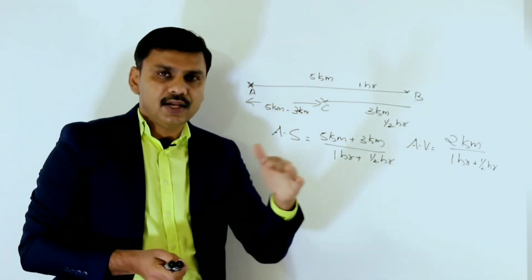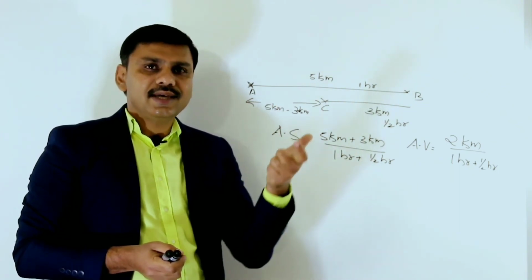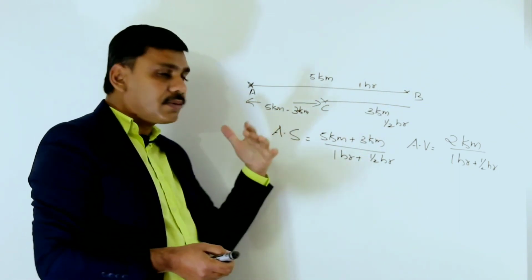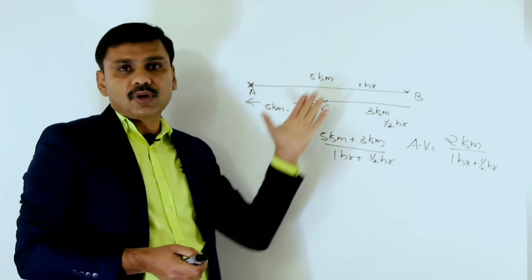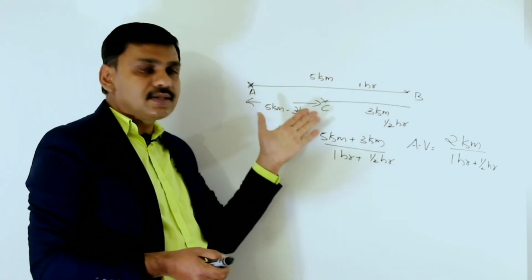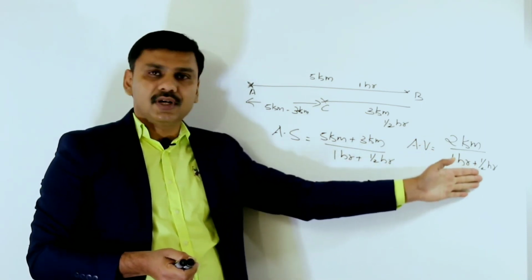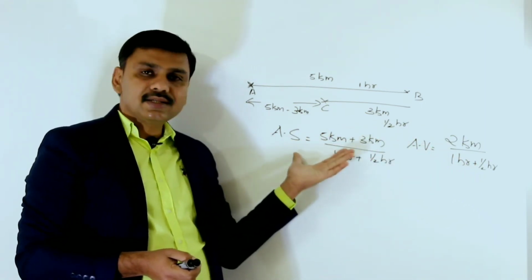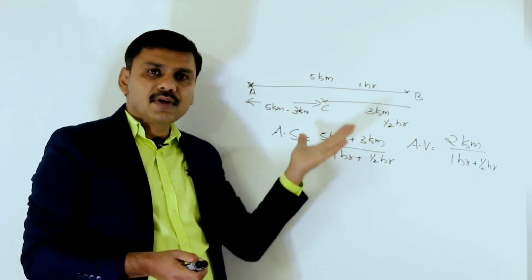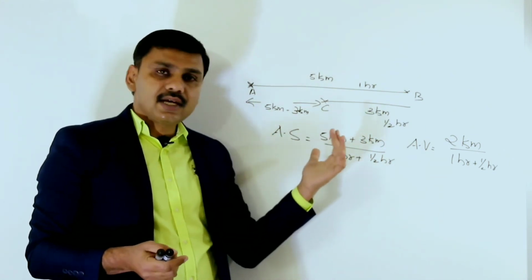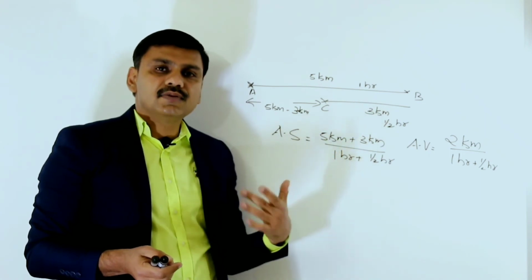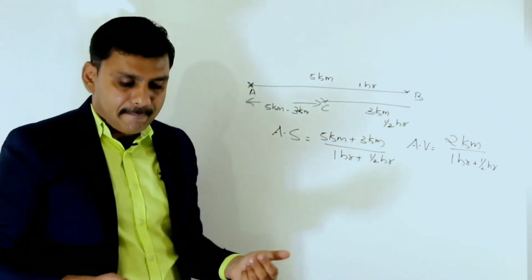Initially at A, finally at C. Change in position is AC, that is 5 kilometer minus 3 kilometer, that is 2 kilometer. But the time will be the same: total time for reaching C, that is 1 hour plus half an hour. So in this case, average velocity and average speed are different. This is a good example for understanding average velocity and average speed.